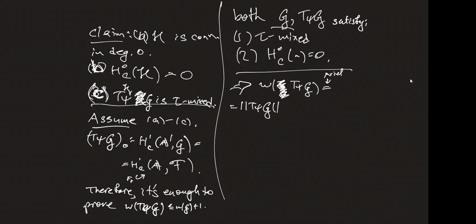It's a mixed thing on a smooth curve with vanishing compactly supported sections. So we have this equality. But now by Plancherel, we have that this is the norm of G plus 1, which is by the exact same thing from Ariel's talk the weight of G plus 1. And the proof is basically finished, after proving A through C.